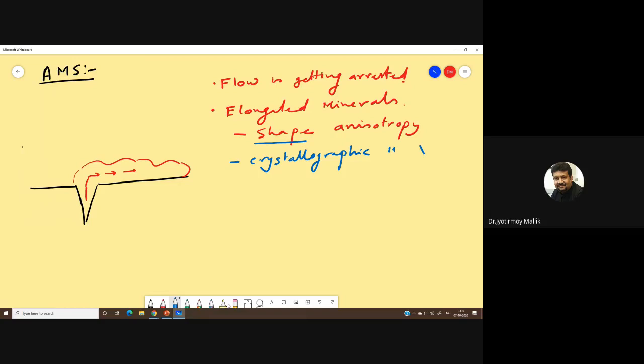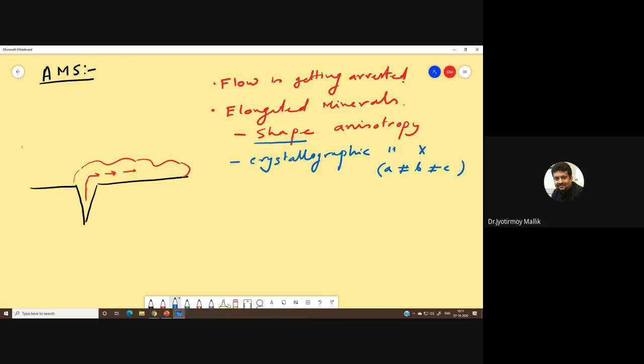We are not essentially considering that. Why? Because, for example, crystallographic anisotropy is nothing but the difference between the A, B, and C axes of the particular crystal, and shape anisotropy is essentially how the grain looks. Sometimes the crystallographic anisotropy and shape anisotropy can be the same, but in many cases it might not be.